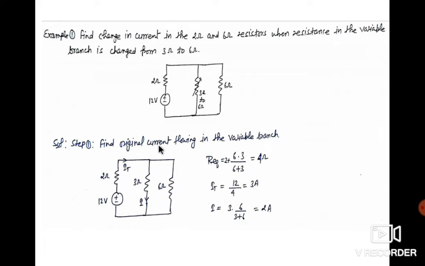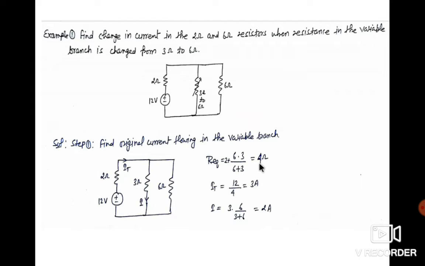In step 1, find the original current flowing in the variable branch. First find the R equivalent. R equivalent is equal to 2 ohm plus 3 and 6 in parallel.